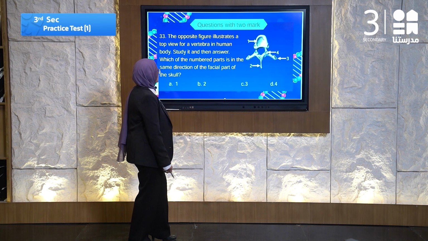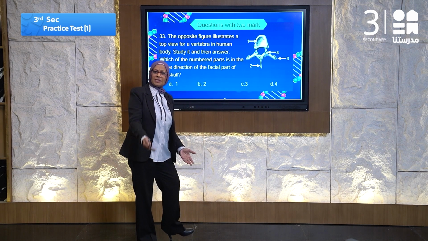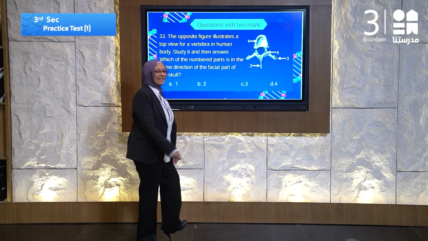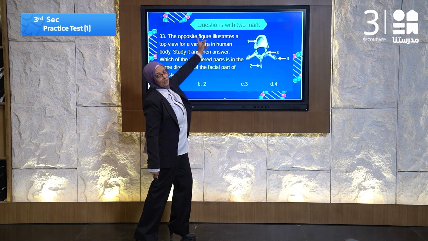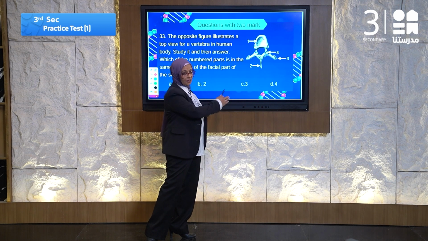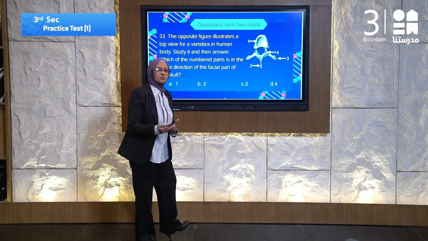33. Wow, biology again. Let's go about biology. What is this? It's a vertebra. Vertebral column? Yes, let's read the question. The question here has 2 marks, not 1. All the others were 1 mark for each question.